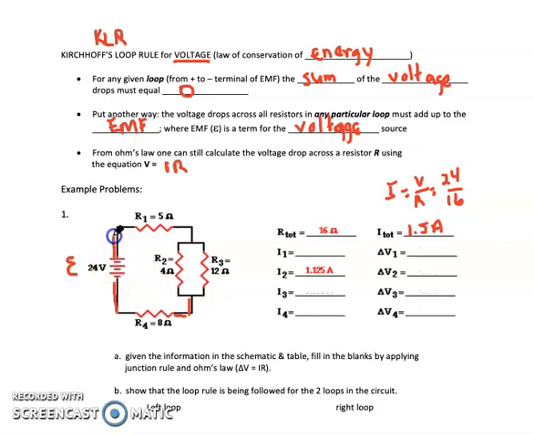So I've got 1.5 amps coming out of the battery. When it gets to this resistor, how much is coming in? 1.5 amps, so what has to be coming out? 1.5 amps. So I know that the current through R1 is 1.5 amps. I'm applying the junction rule there. Now, when I come through here, I can split.